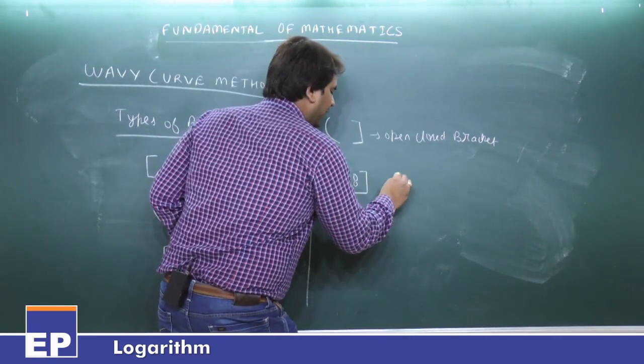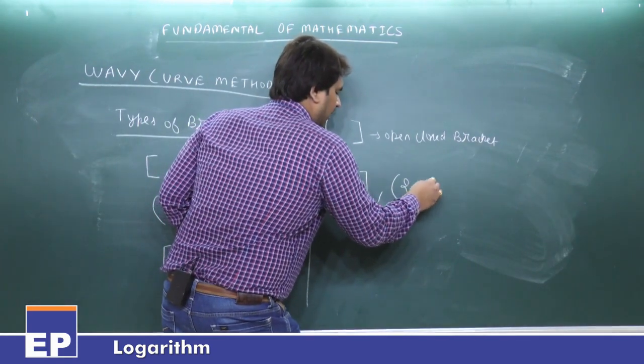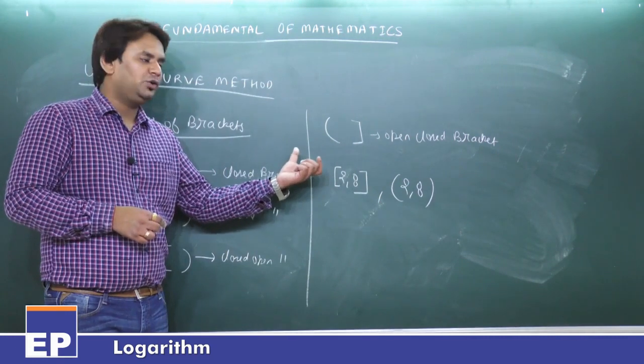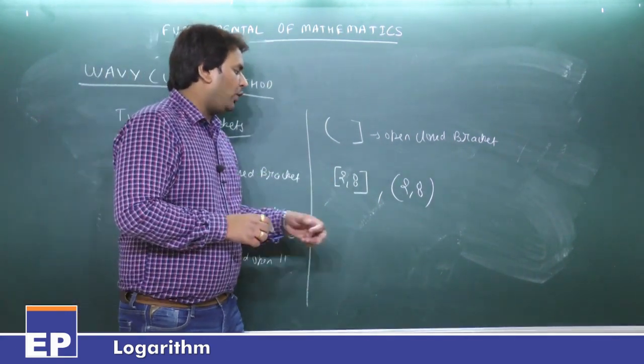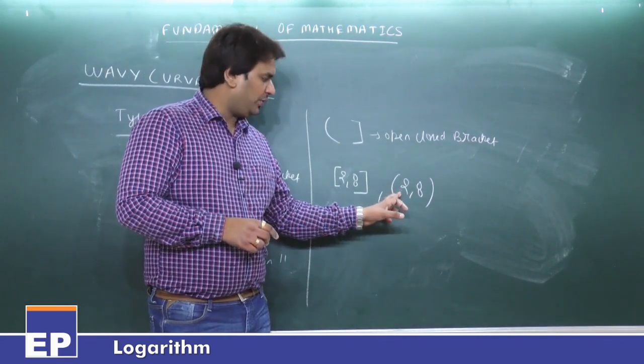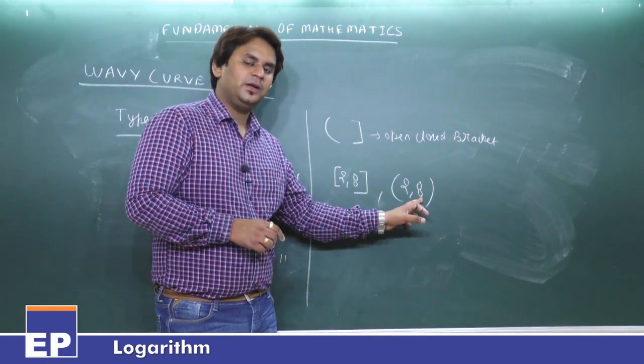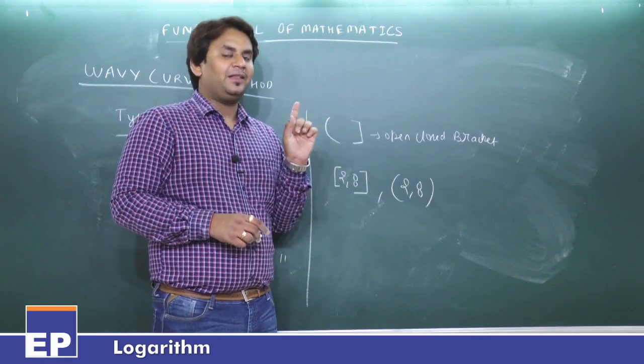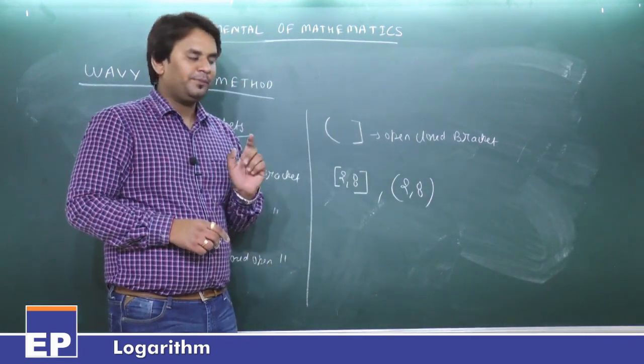If I write open bracket 2 to 8, what is the significance? You cannot take 2 in your answer, you cannot take 8 in your answer, but you can take all the values lying in the interval 2 to 8, and there are infinite values between them.